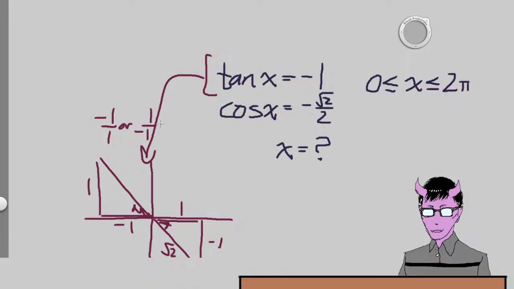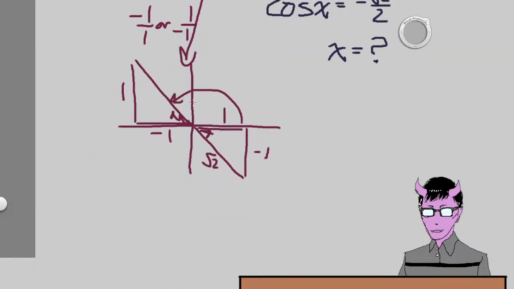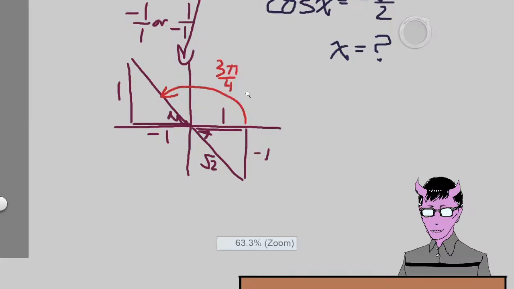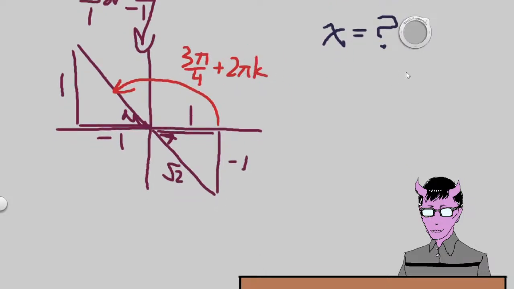So from this clue alone, we can have this for an answer, which is going to be 3π/4. Oh, let me put different colors, I'm sorry. This is one possible situation, 3π/4. That's only one answer, considering all coterminal angles plus 2πk without domain restrictions, right?